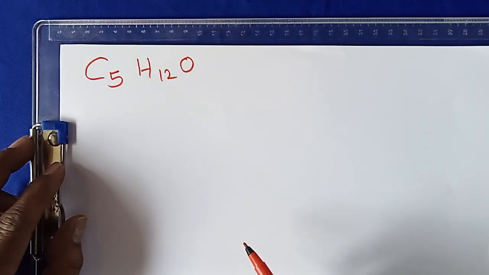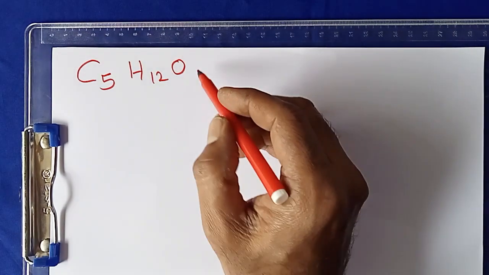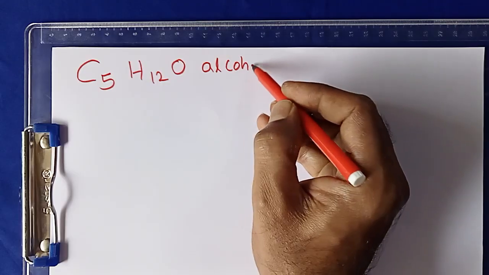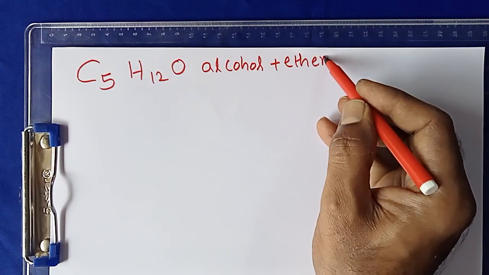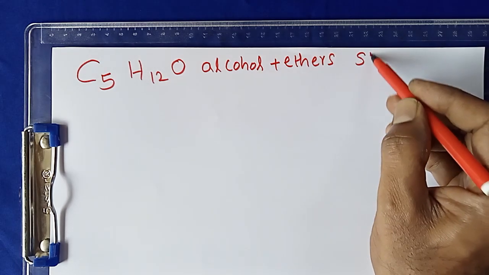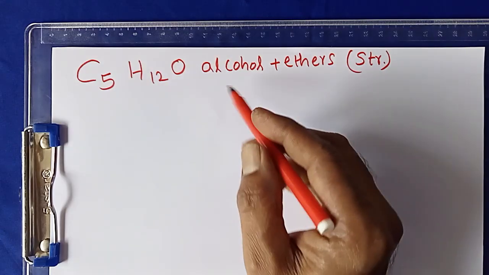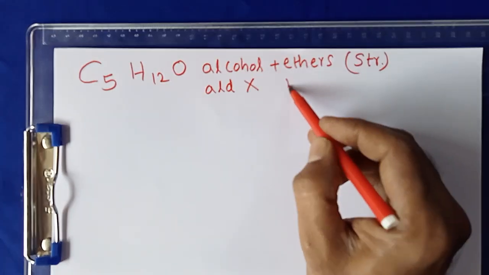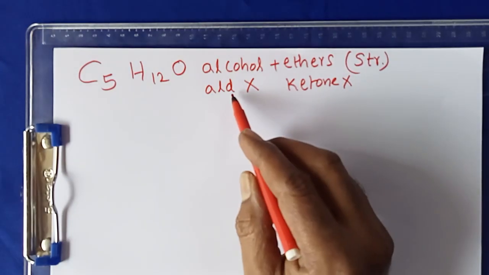C5H12O. First you decide for this one, alcohols and ethers are possible structural isomers. Aldehydes not possible. Ketones also not possible, because this is the only confusion point.